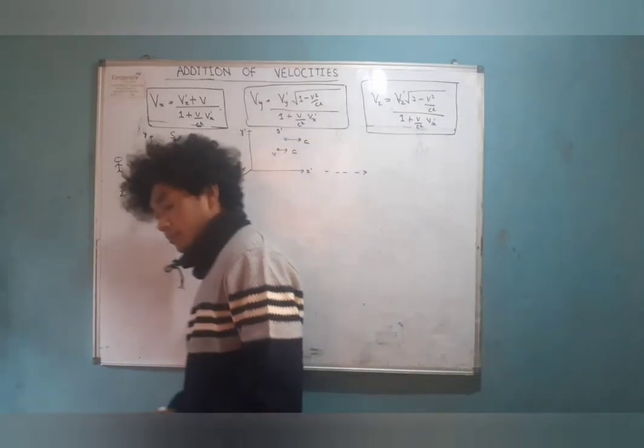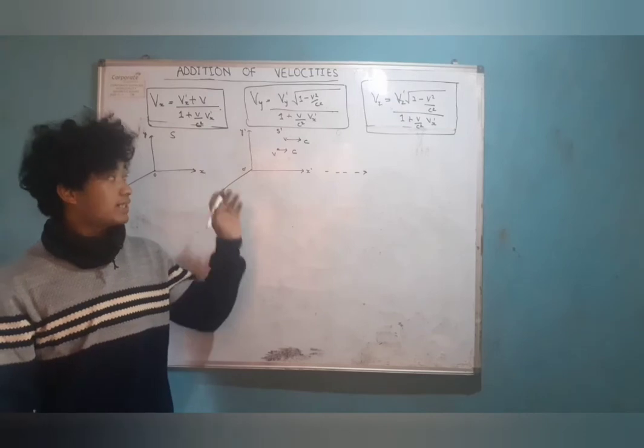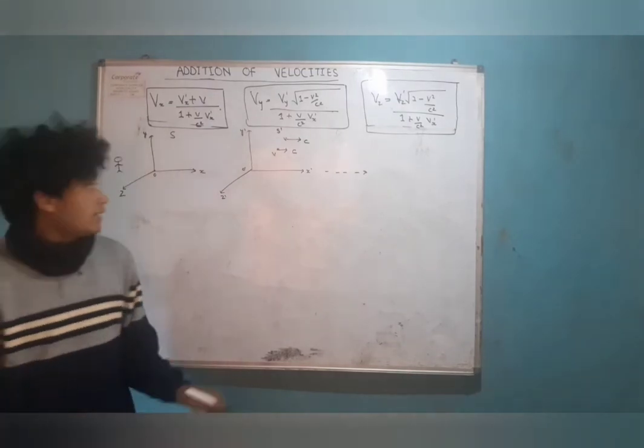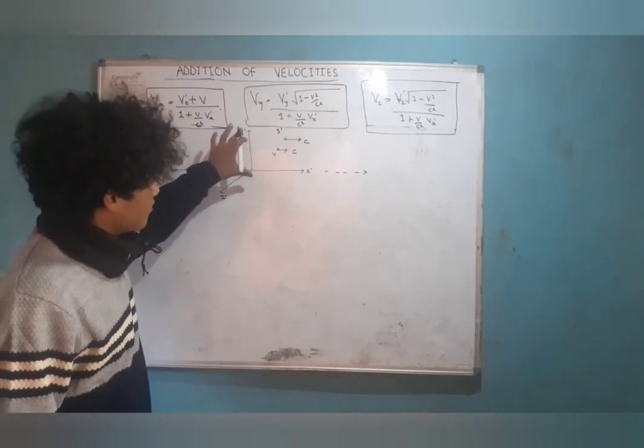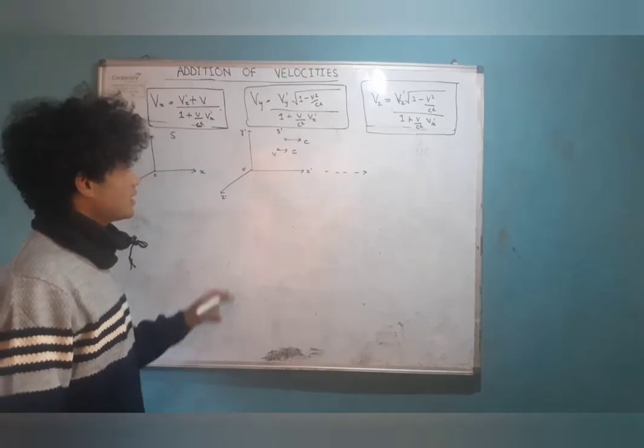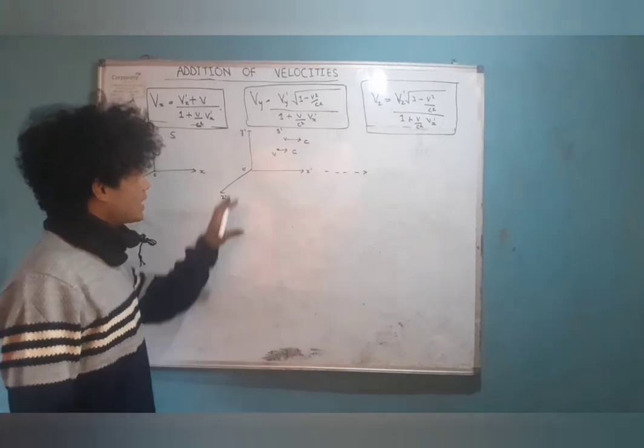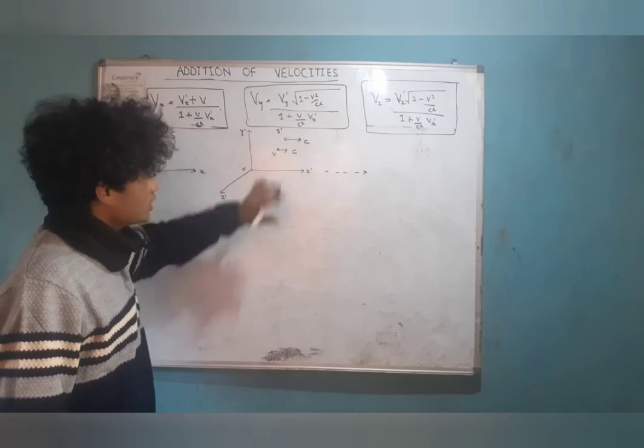So here we have assumed two frames, and the S prime frame is moving with velocity c, and the particle in the S prime frame is also moving with c.